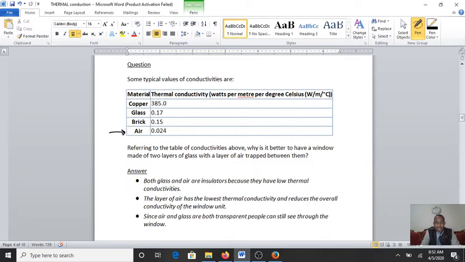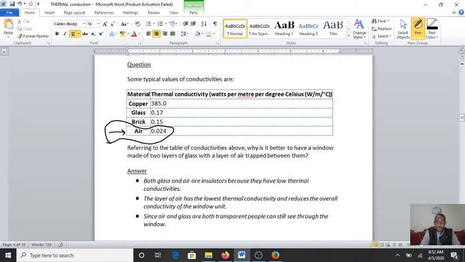And it's very important for us to know the properties of air, especially if it's still air. When it's trapped and it's not moving, it's one of the best thermal insulators. And many exam questions will test you on the properties of still air, trapped air. So you need to know that when you trap air, it's not moving, then you have created a very good thermal insulator.